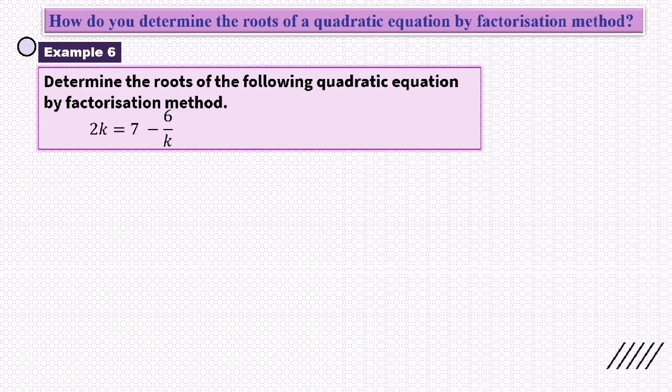Okay, now we try again another question. Determine the roots of the following quadratic equation by factorization method. Okay, so now what you can see here, we don't have the k to the power of 2, right? And we have the fraction.